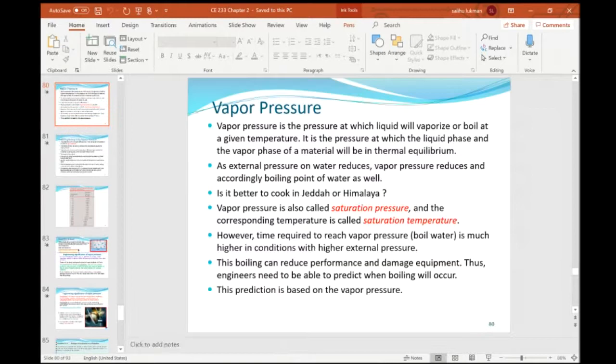So, as you may recall, we have vapor pressure, which we said is the pressure at which liquid will rise or boil at a given temperature.